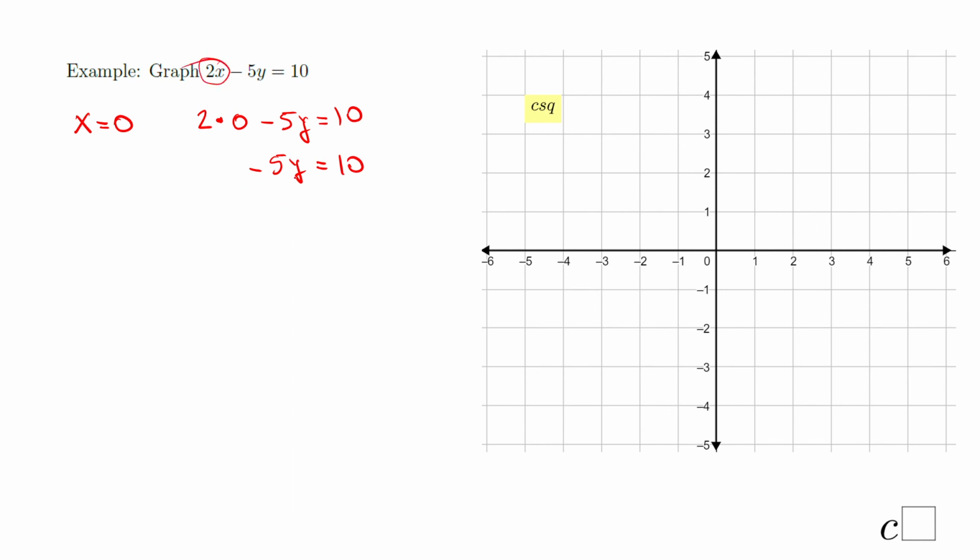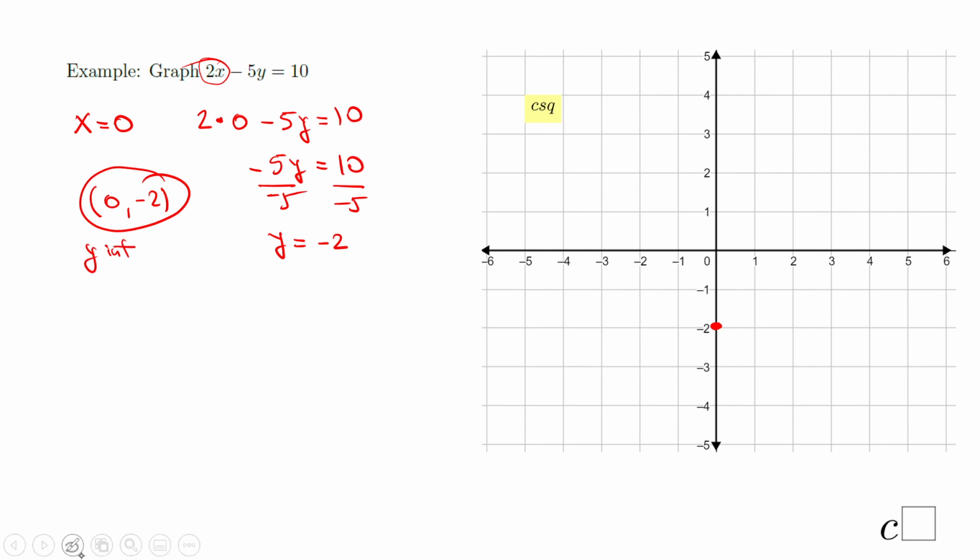So I have only negative 5y equals 10. Divide by negative 5. And you end up very fast with a value for y, which is negative 2. So this intercept is 0 and negative 2. I suggest you write it like that. And this one, by the way, is the y-intercept. When x is 0, you get the y-intercept. Okay, let me write it here.